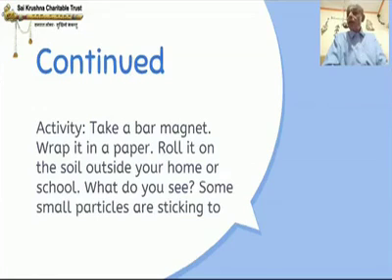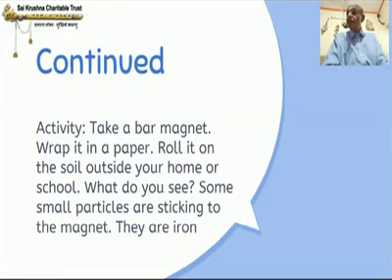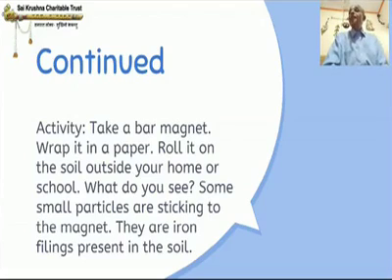Some small particles are sticking to the magnet. Right? So, these small particles are nothing but iron filings present in the soil, which are attracted by the magnet, and thereby these iron filings stick to the magnet.